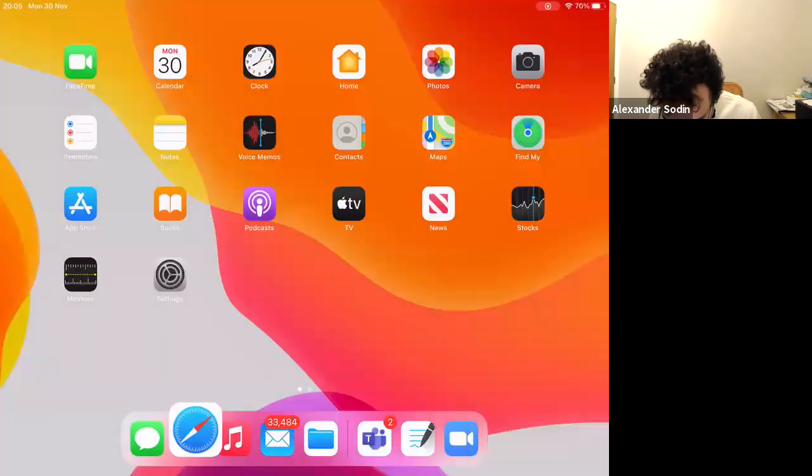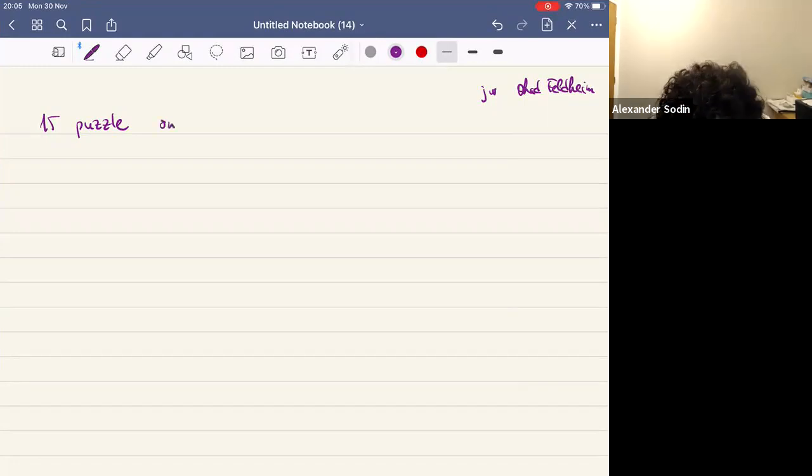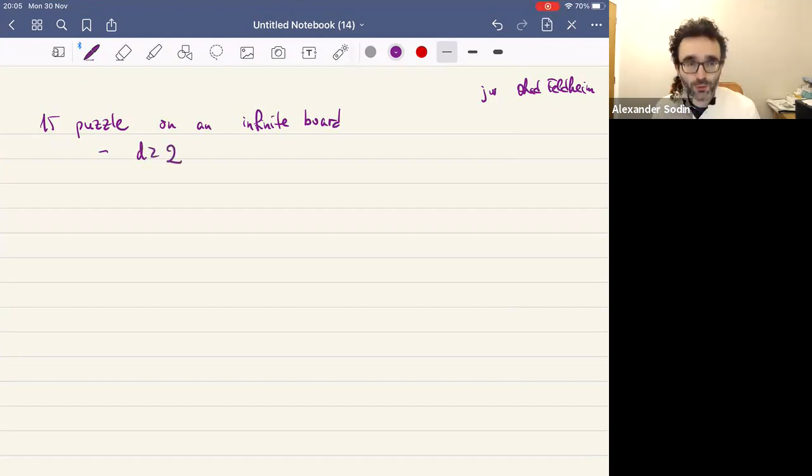Okay, so what we are going to do is play the puzzle on an infinite board, and we will allow the dimension to be 2 or higher. There's no problem doing it in infinite dimensions, and the moves will be random.